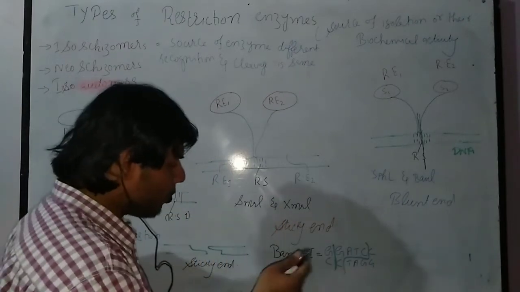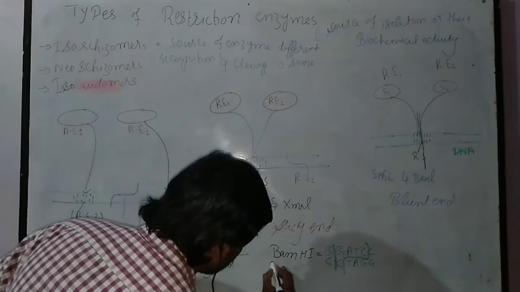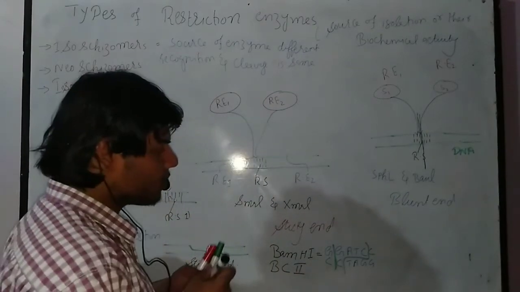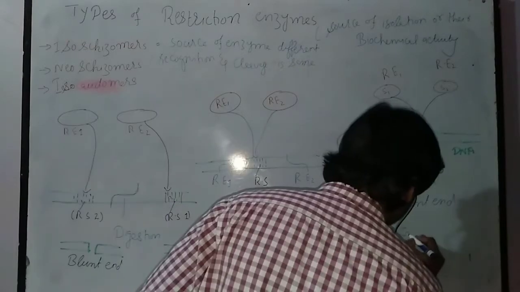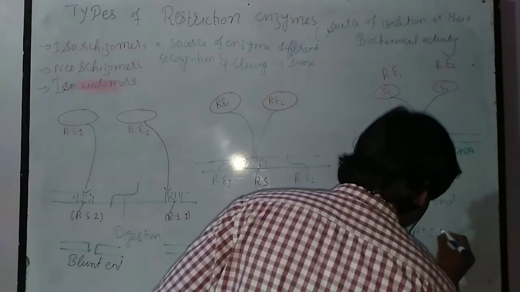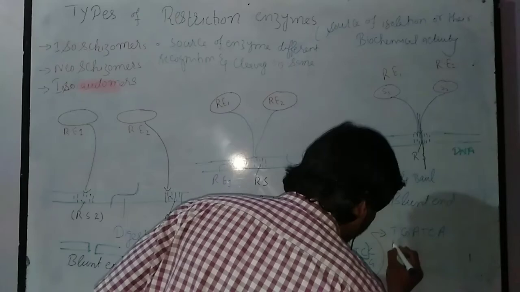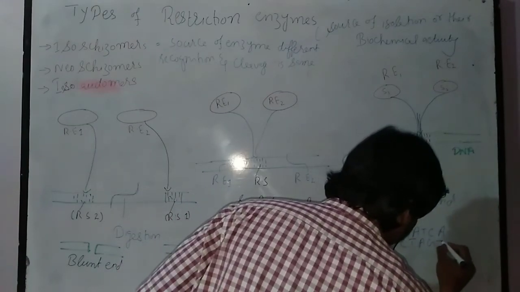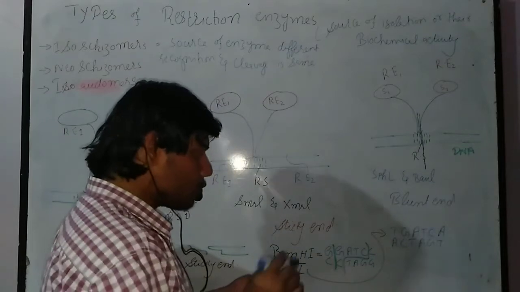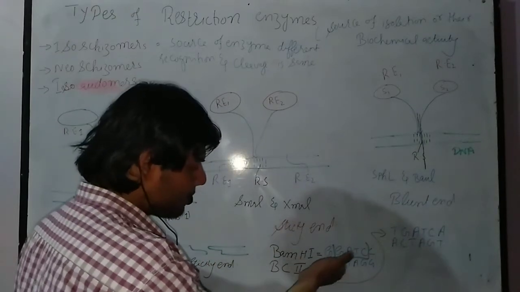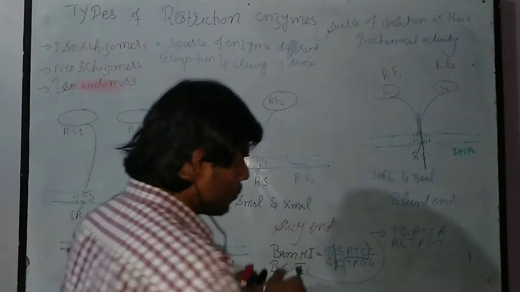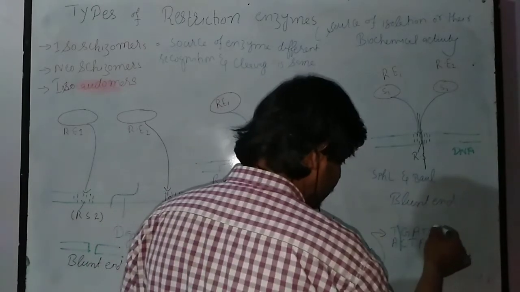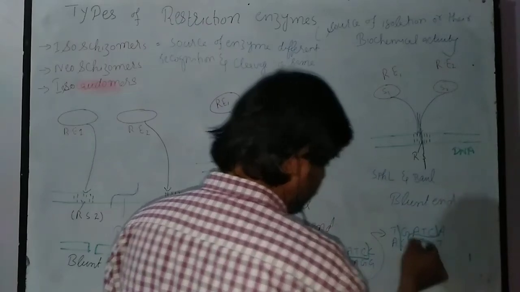There is another example. We have BclI. So the restriction site will be TGATCA. Their complementary is ACTAGT. So they are the same as we explained for BamHI. They will also produce the blunt end as well as the sticky end, as you can see.